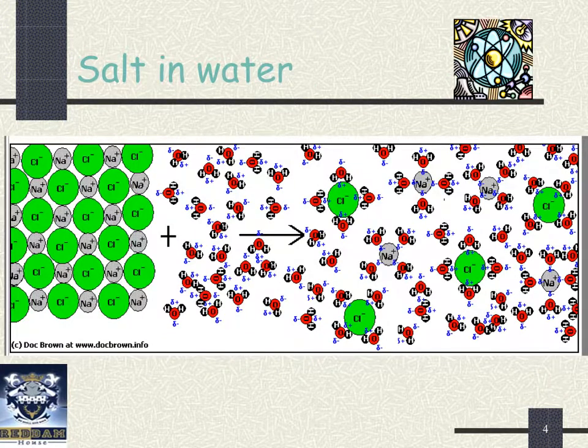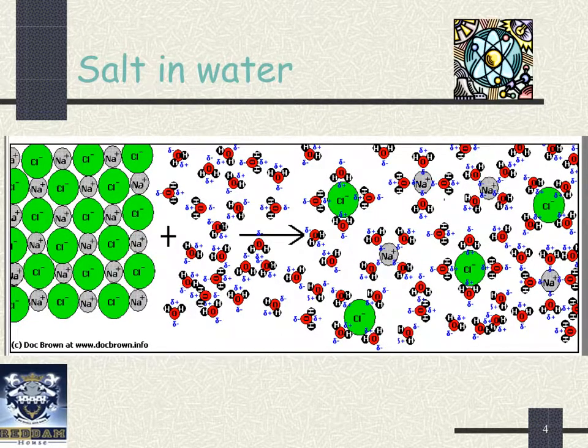If you take a look, you can see here, if I had a sodium chloride lattice and I put it into water, what happens is all the water molecules orientate themselves with their slightly positive hydrogens facing the chloride ion, and their slightly negative oxygens facing the positive sodium ion.